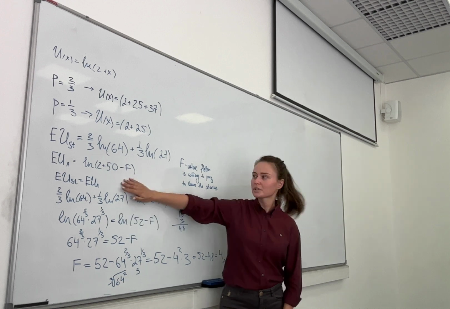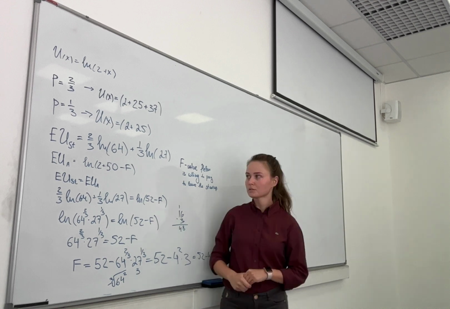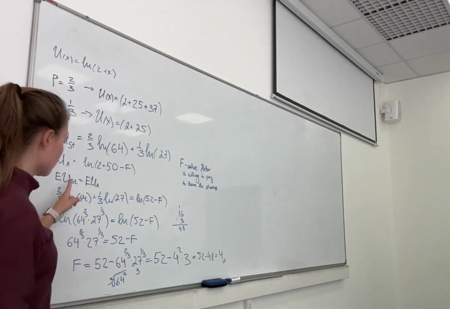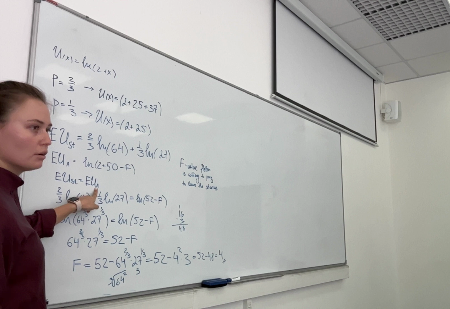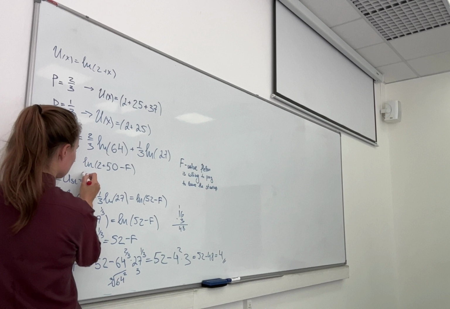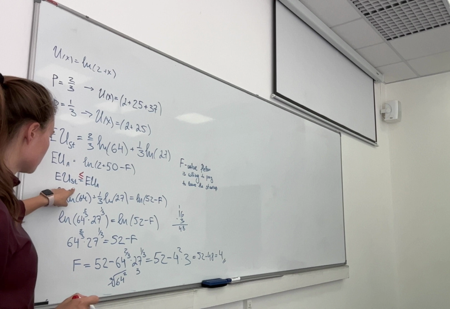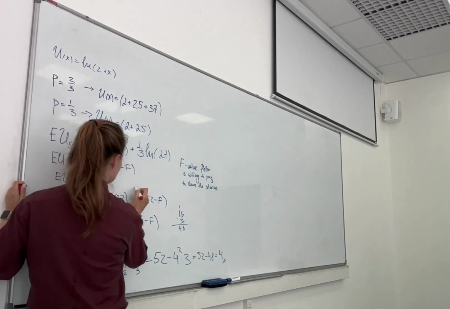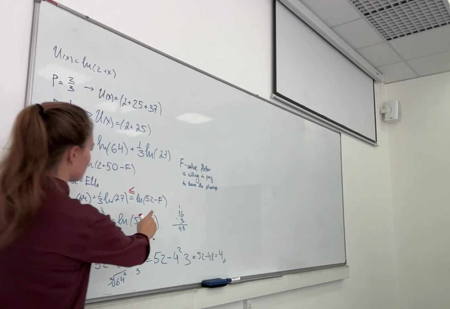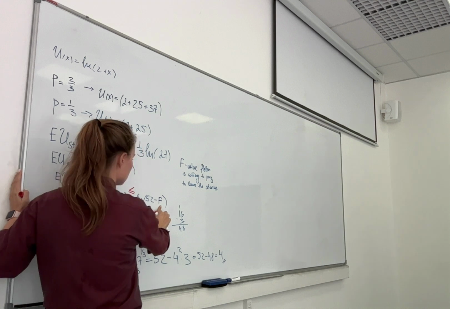You see, we will get this 50 with probability 1. We are ready to switch to company A only if the utility from working in company A is greater or equal than the expected utility from working in the startup.